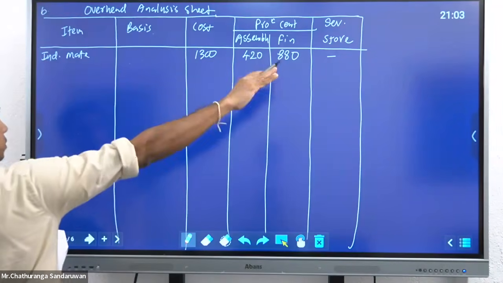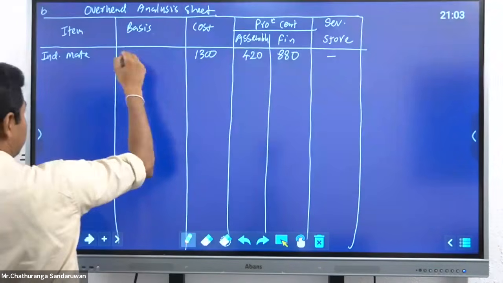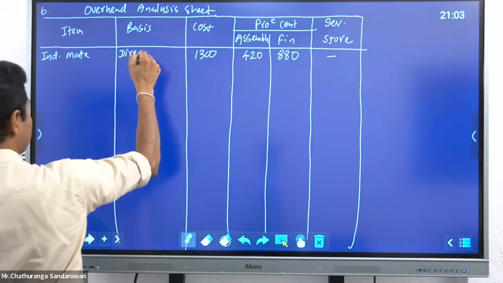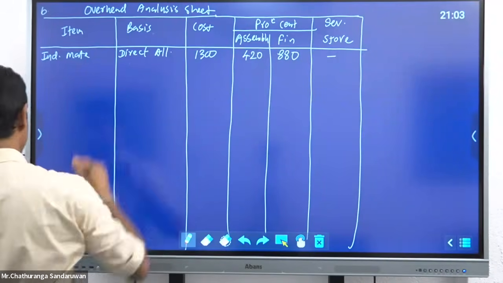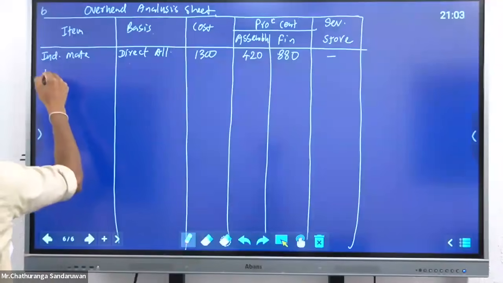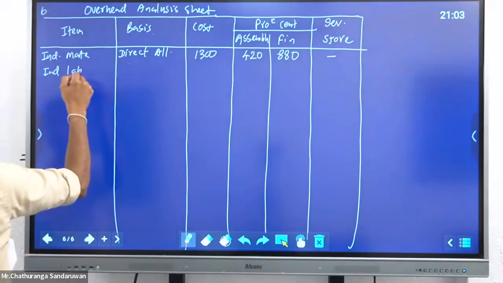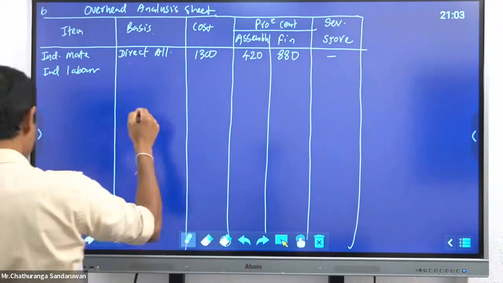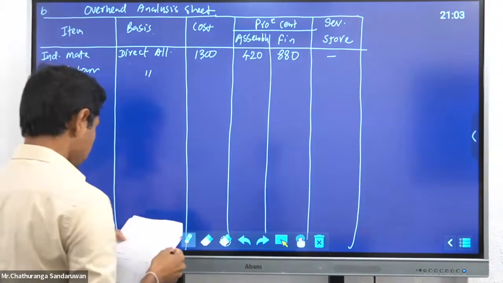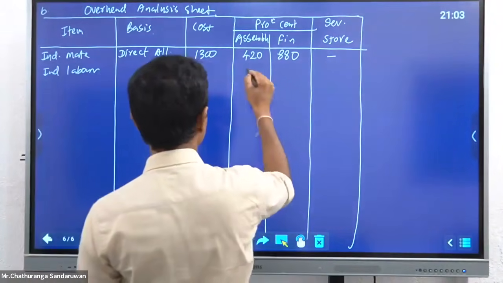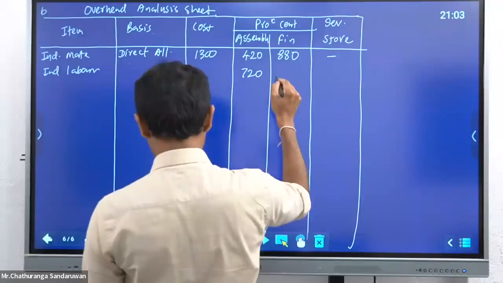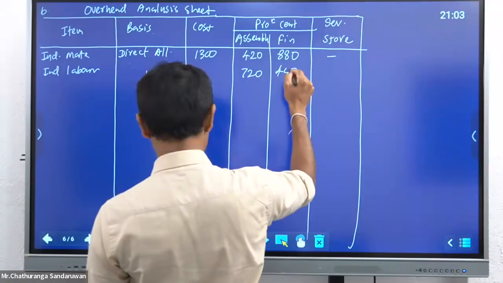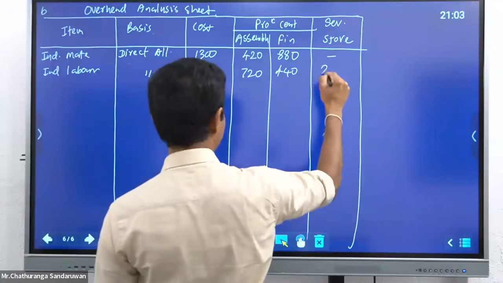So we are given the figures for each department, so therefore direct allocation. Then indirect labor, again we are given directly, assembly 720, finishing 440, and stores 200.